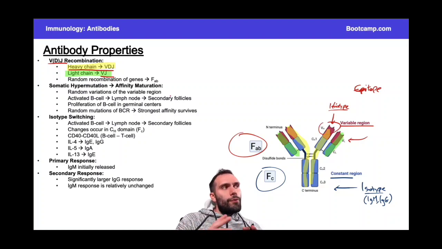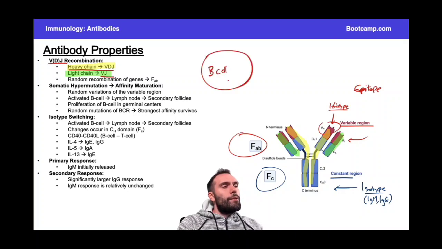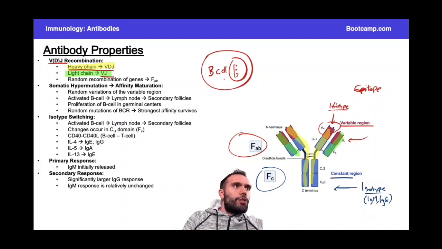But the thing that I want you to take away from this is that this whole process of VDJ recombination, if you think about it, you have some B cell, and inside of this B cell are going to be these genes with the V segment, the D segment, and the J segment. It's going to have those genes inside of the nucleus, and it's going to shuffle those genes around until we get some unique immunoglobulin receptor, right?